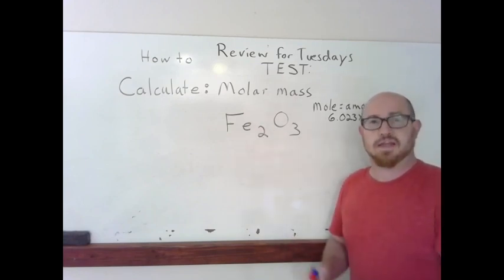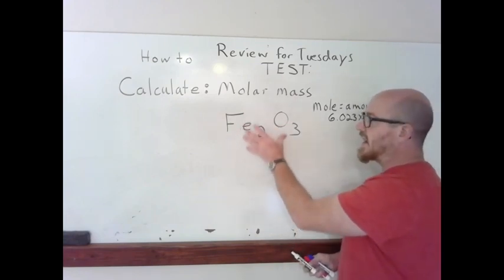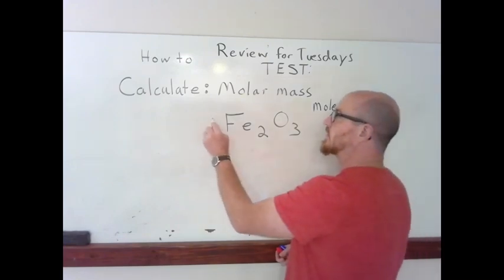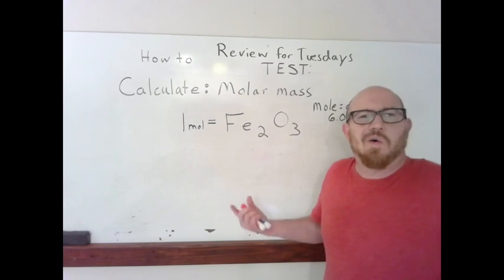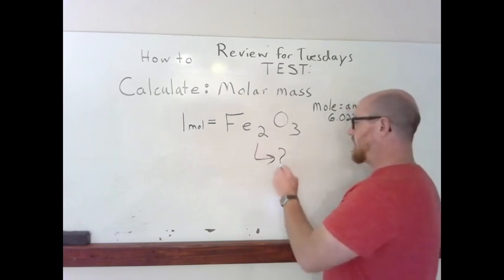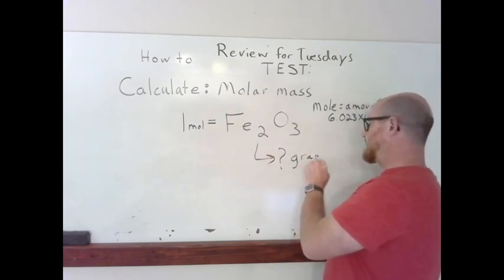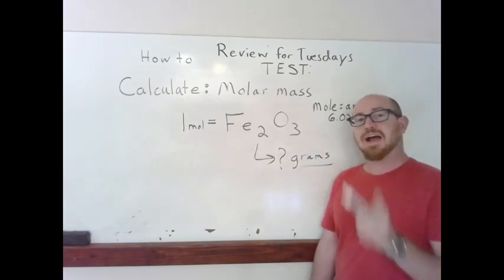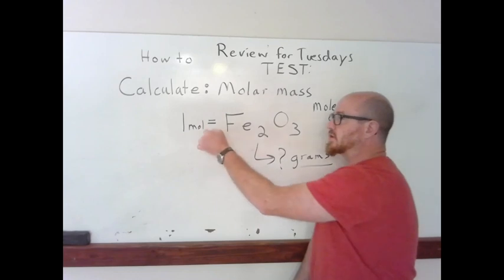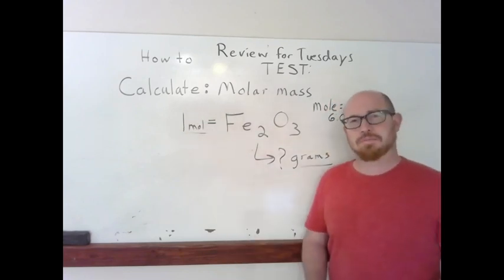So what we're looking at here is if I have 1 mole of this, what does it weigh? What is that in grams? Because I have a scale that can measure grams. I don't have a scale that can measure moles, and moles are amounts.